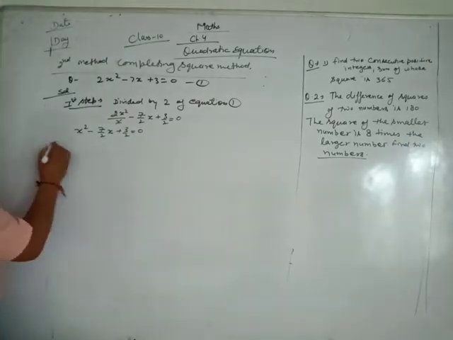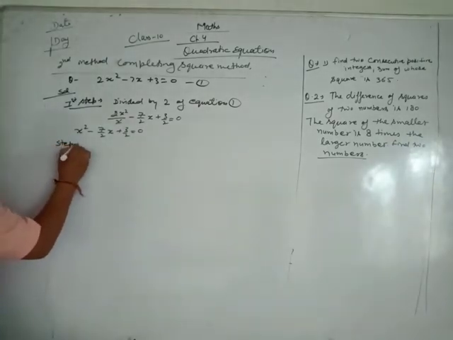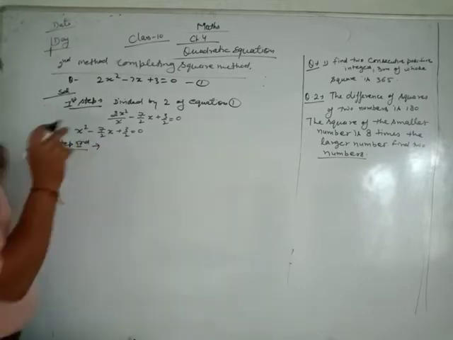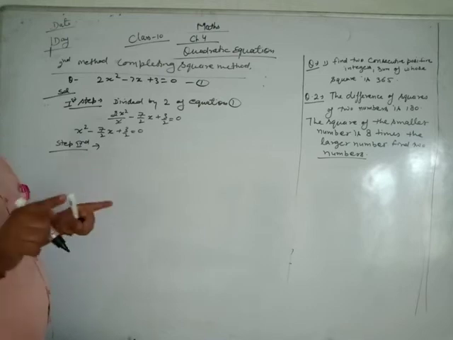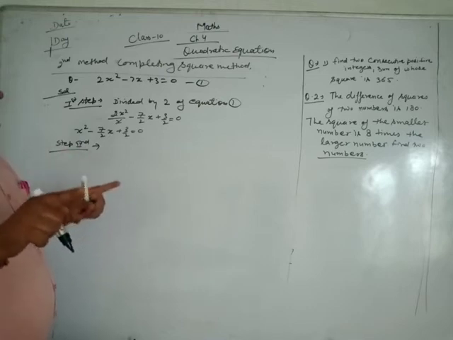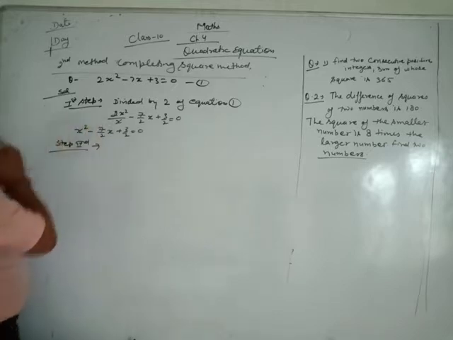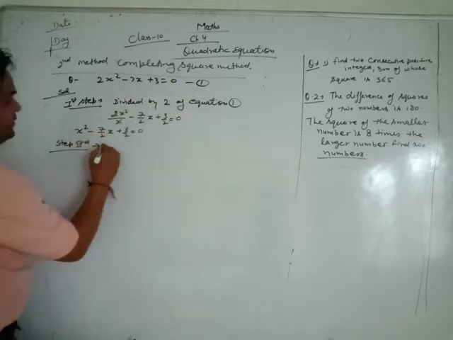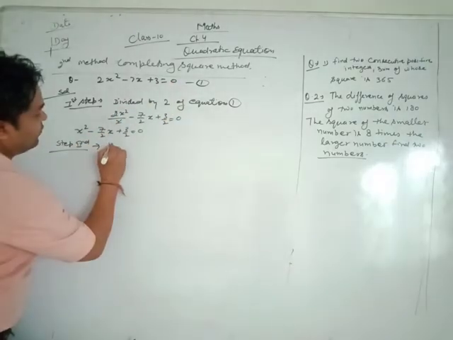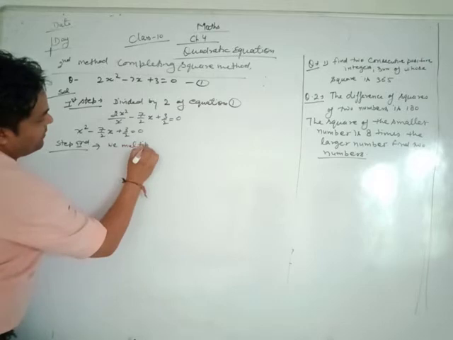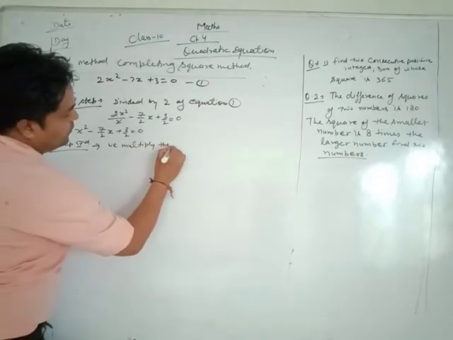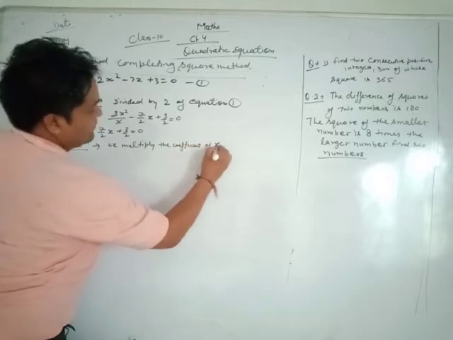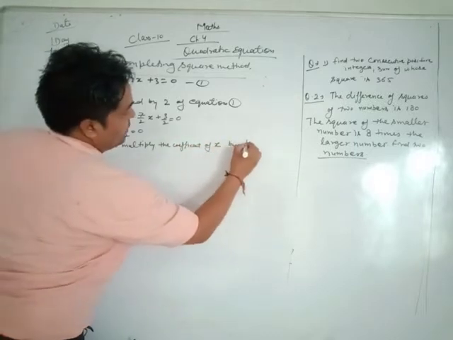Second step: we multiply the coefficient of x by 1 by 2.